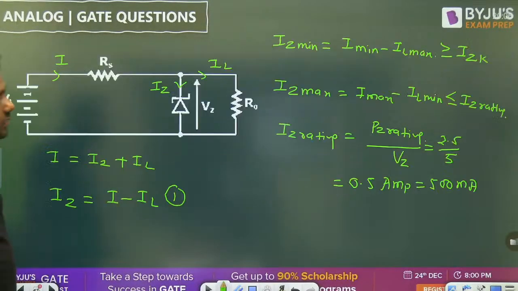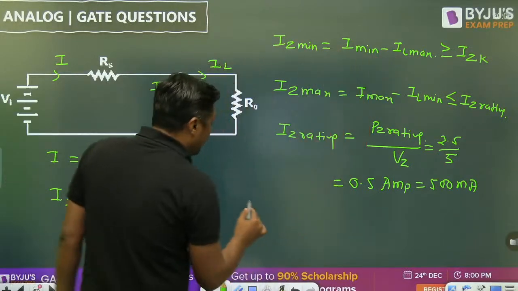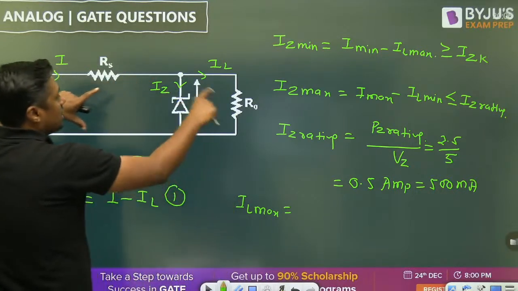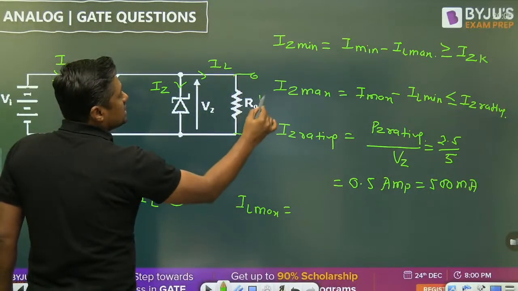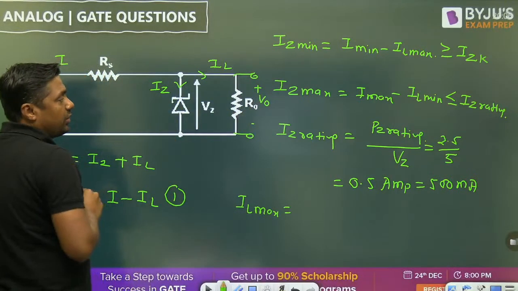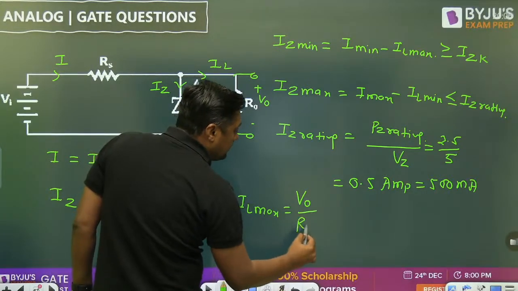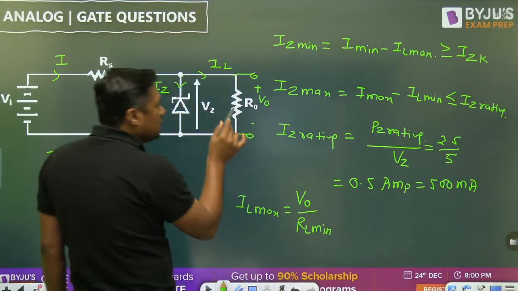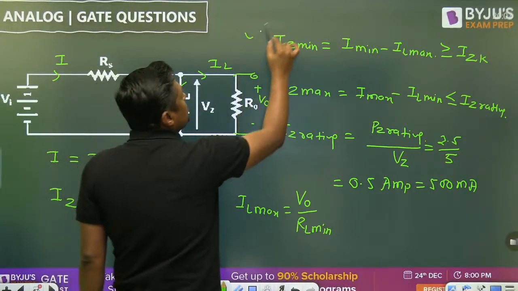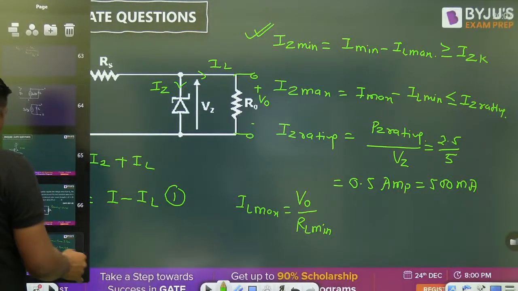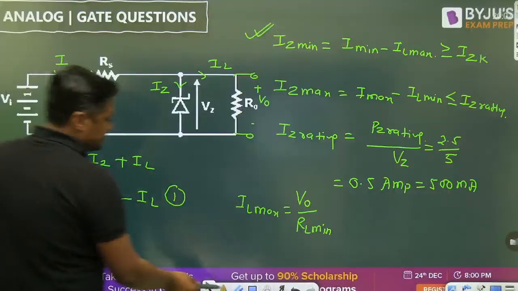Now, what is asked here? The minimum value of R0. When we consider IL maximum, this voltage is V0, and V0 is nothing but VZ in a regulated circuit. So IL maximum will become V0 upon RL minimum. To get the minimum value of R0, we directly use the formula IZ minimum is equal to I minimum minus IL maximum.